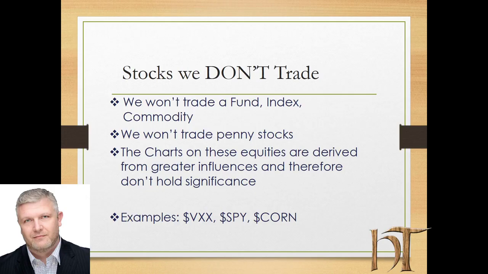So I only want to trade stocks that are going to have ideally perfect setups. We're not always going to see perfect setups, but I only want to trade the best setups because, look, the reality is, even when you only trade the best setups, you're still probably only going to be right 65 to 75% of the time, at best.